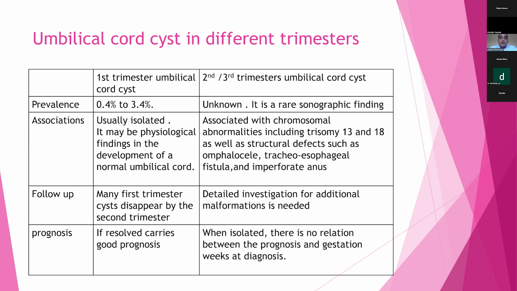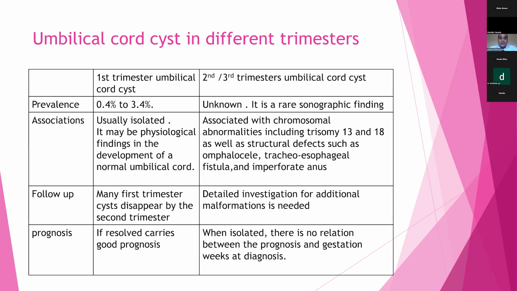In the second or third trimester, it is associated with chromosomal abnormalities, including trisomies 13 and 18, as well as structural defects such as omphalocele, tracheoesophageal fistula, and imperforate anus. For follow-up, many of the first trimester cysts disappear by the second trimester.